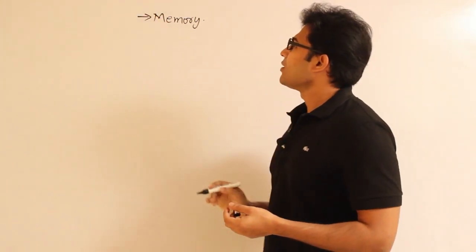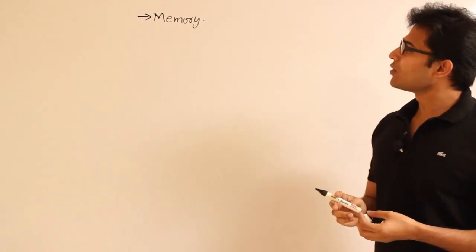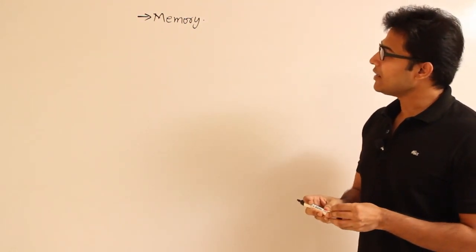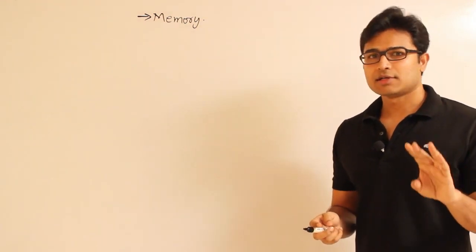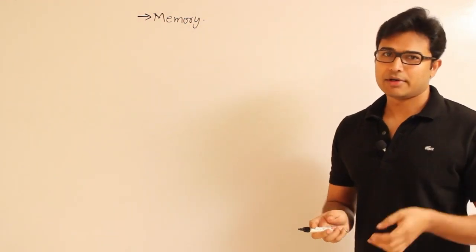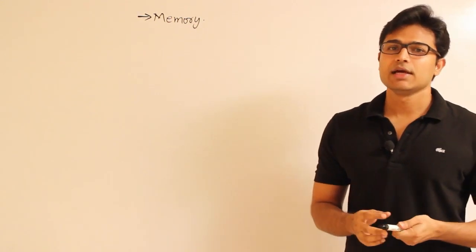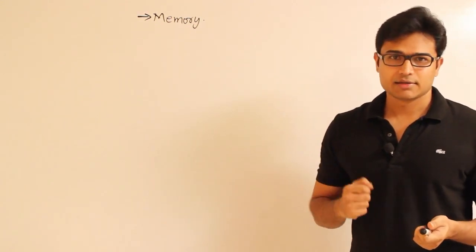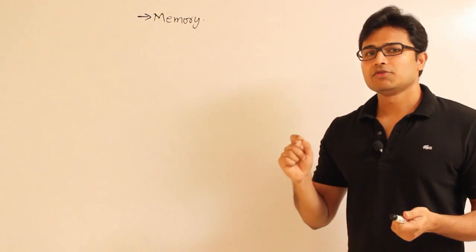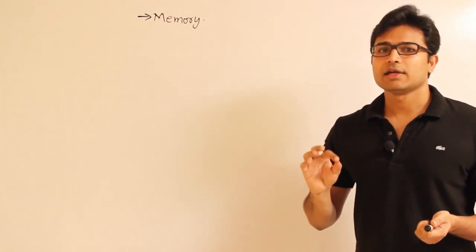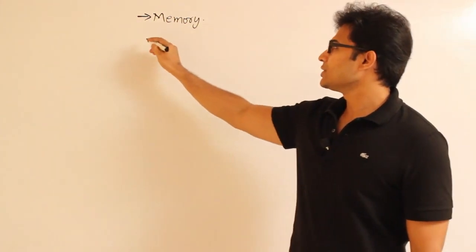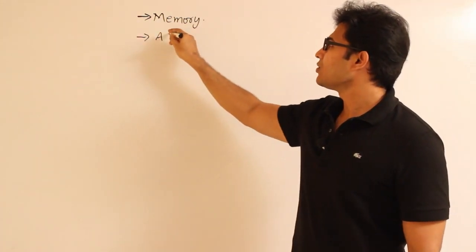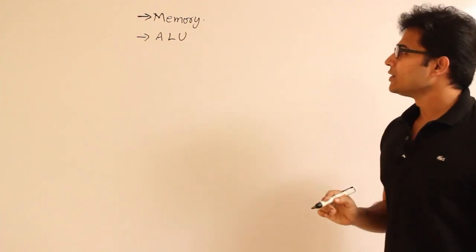Okay, and now what does the program contain? Mainly it contains instructions to perform arithmetic actions, logical actions or shift operations. Therefore we need a circuit or hardware which should be able to perform arithmetic and logical operations, right? So let's call it the ALU, arithmetic and logic unit.